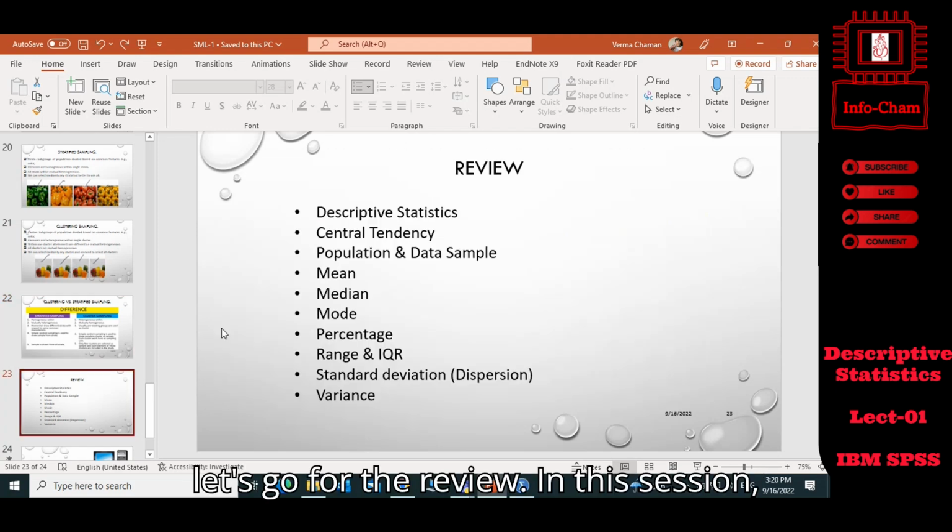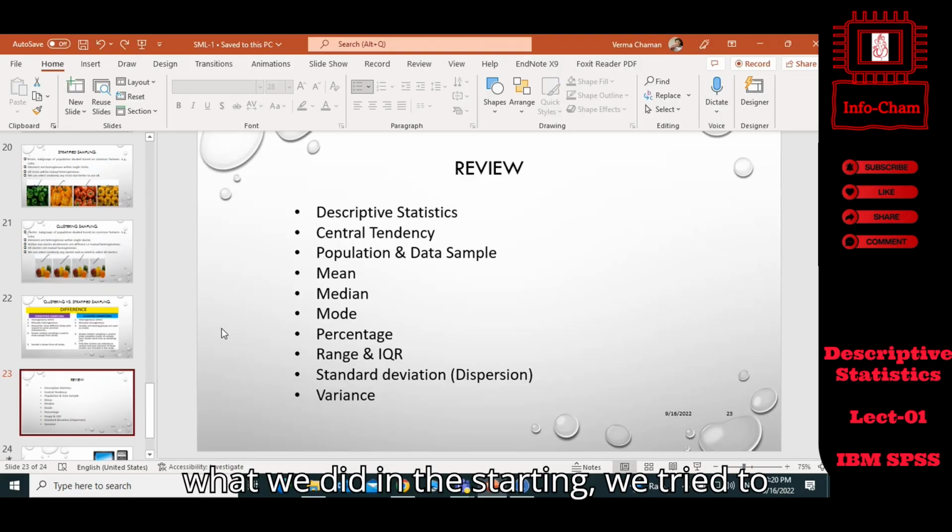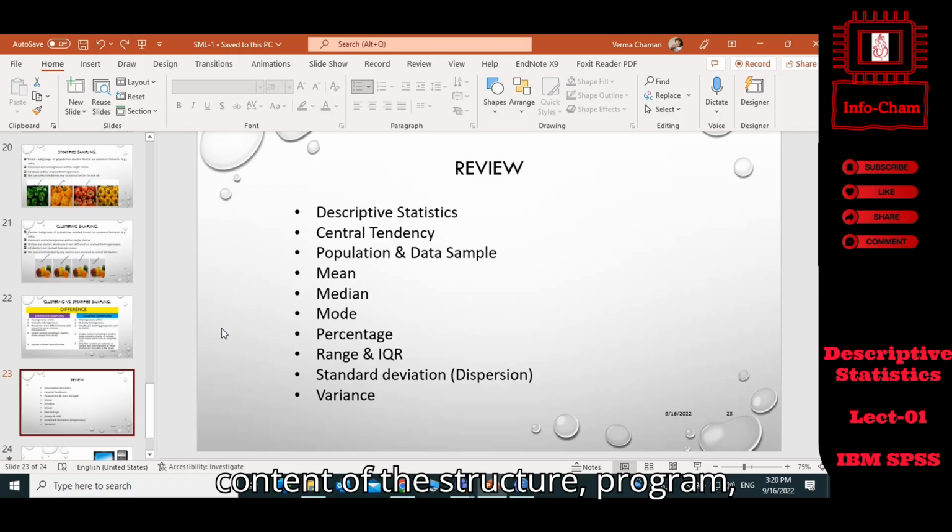Now let's go for the review. In this session, at the start we got to know each other and learned about the content, the program structure, and when we have to do the exam theory. We also learned which tools we need, how to do it, and when to do it. After that, we started our basic theory about statistics, which covers descriptive statistics.